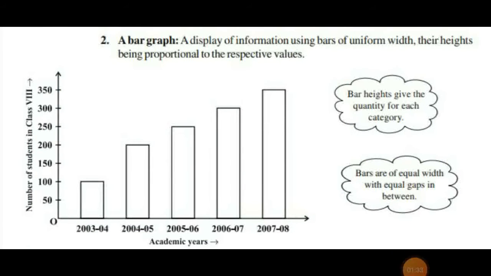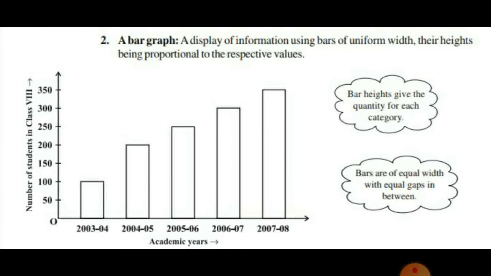Now the second picture, a bar graph, is shown here. What is a bar graph? It is a display of information using bars of uniform width, their heights being proportional to the respective values. Here there are two axes. The horizontal axis is called the x-axis and the vertical axis is called the y-axis.